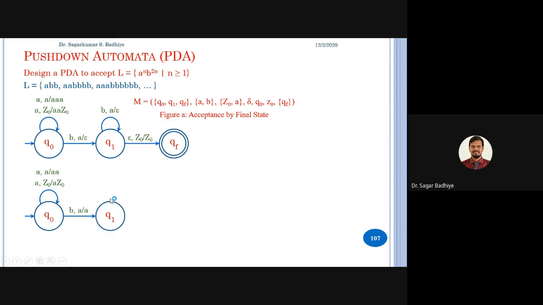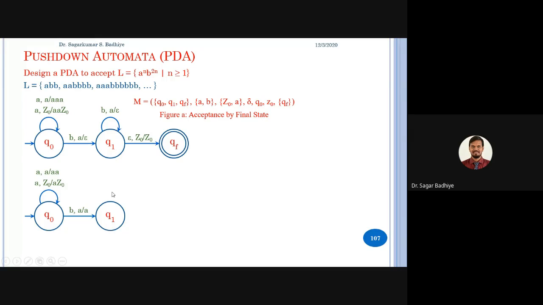Now in Q1, you will get the second B. You cannot get A, but whenever you get a B in Q1, that would be your second B. Am I correct? Yes, sir. Right. So you need to change the state again, because if you add a self transition over here, it could read a second B, a third B, then a fourth B, and again it would be popping.